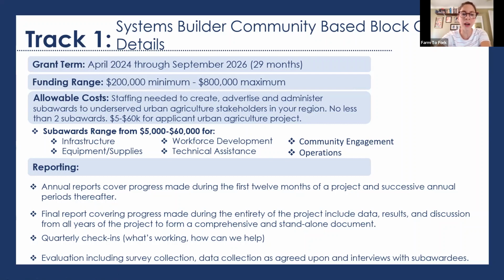So let's say a track 1 community-based organization also has a community garden project, and they would like to get some sheds or do whatever it is that they need for that project. They may use a range from $5,000 to $60,000 for their own internal project. The rest of it will go to sub-awards.